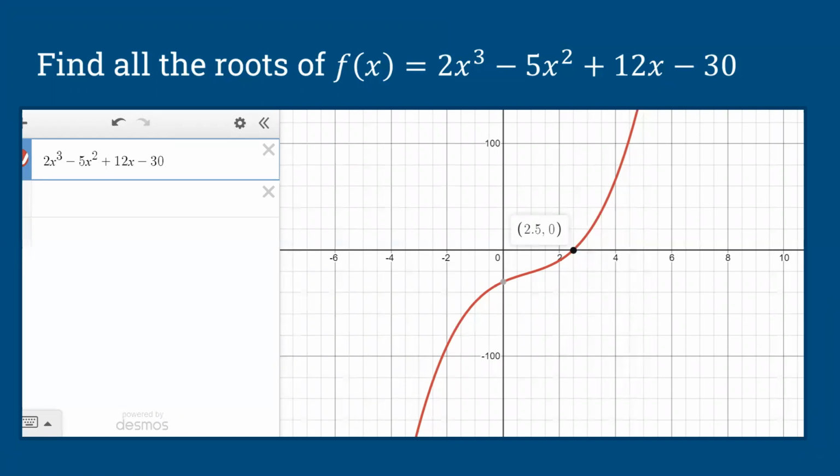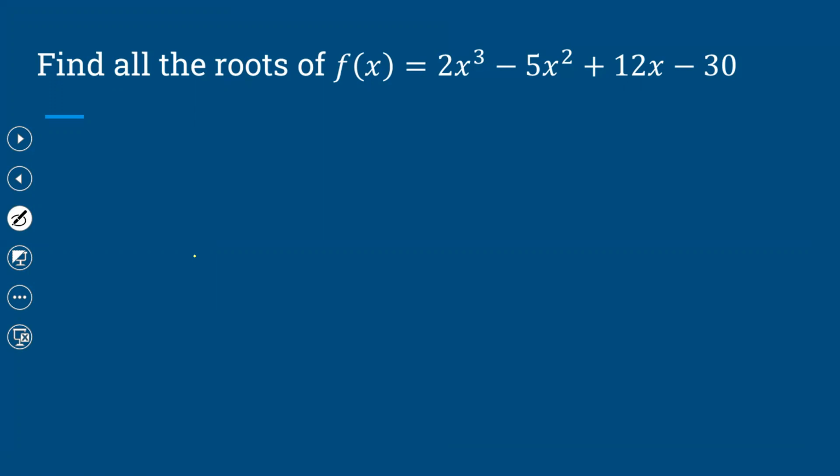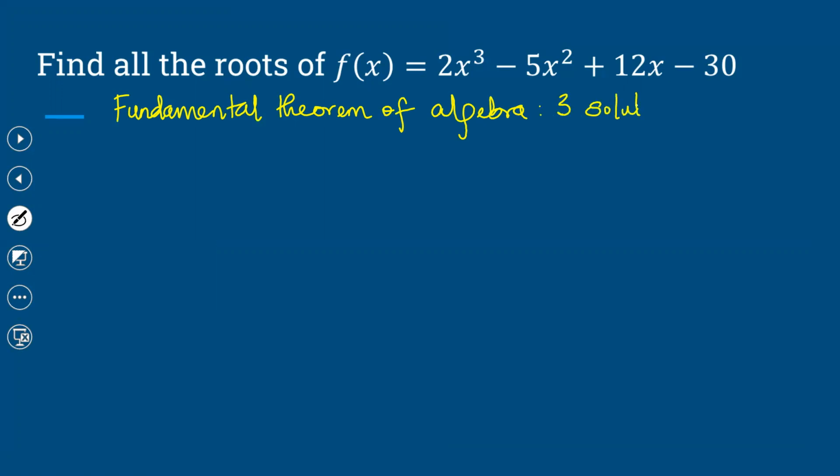So graphing will not always work. Going by the fundamental theorem of algebra, we expect three solutions or three roots for this function.